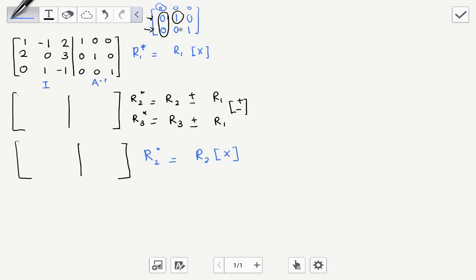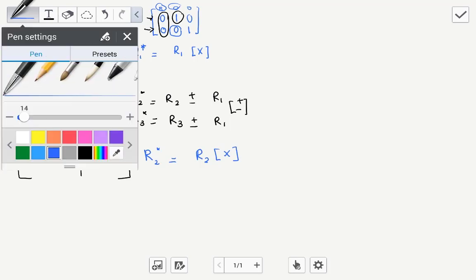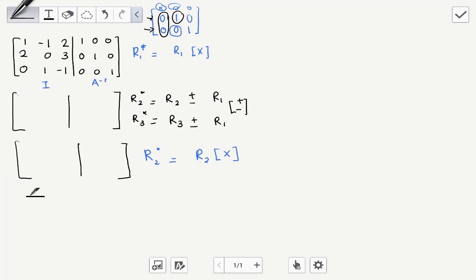Now once I am done with 1, I'm going to focus on 0 0. So 0 0 is on row 1 and row 3. So what are we going to do with row 1 and row 3? Remember, to get 0 we will be using addition or subtraction. Okay, so draw your template.